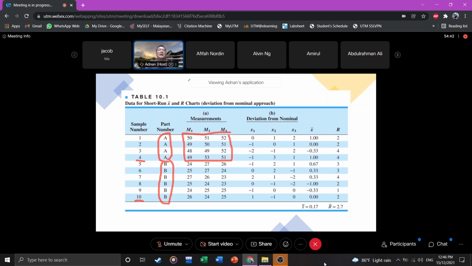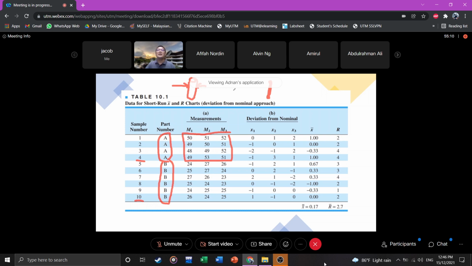Let's say A just produces a pin of this size, and you monitor the diameter of the pin. B is also a pin but of a smaller size.